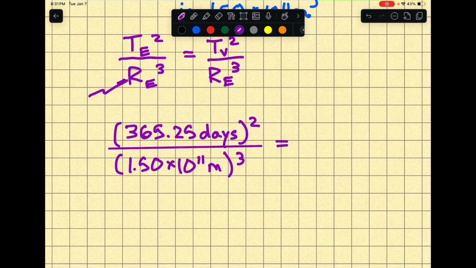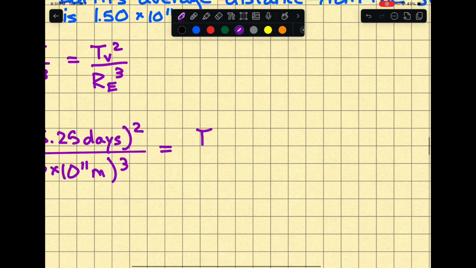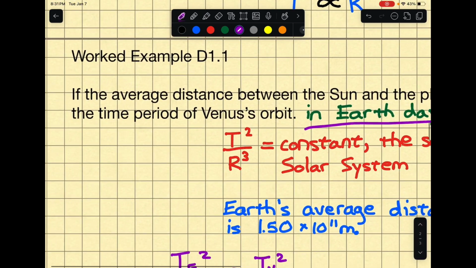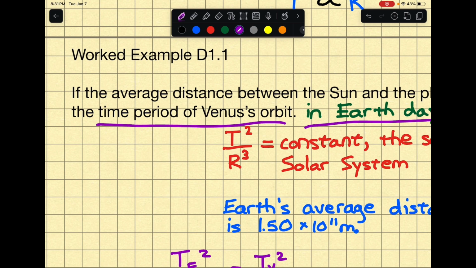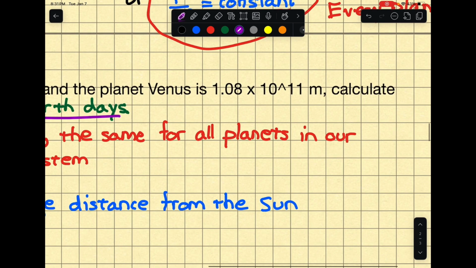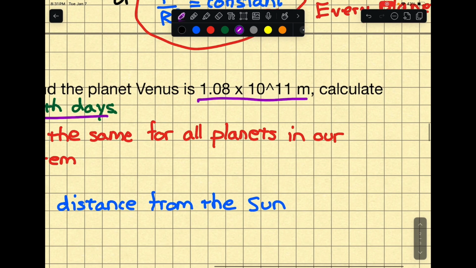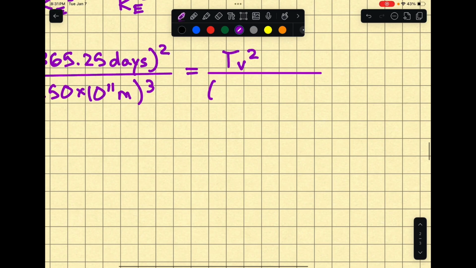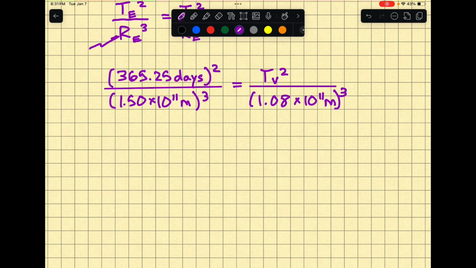That is equal to Venus's orbital period squared, and that's what we're trying to find. We're trying to find the time period of Venus's orbit, so that's what we're actually trying to solve for. Divided by, and then the problem told us Venus's average distance from the sun is 1.08 times 10 to the 11 meters, and that's cubed.